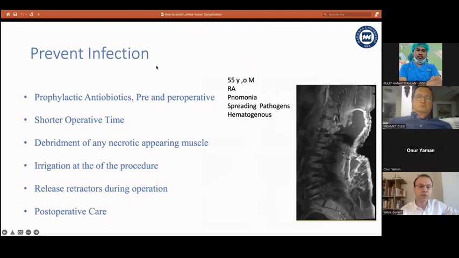Another complication is infections. This is our department's patient. We operated on her for long level instrumentation. 3 weeks later, she had pneumonia. She has rheumatoid arthritis and is on immunosuppressives.